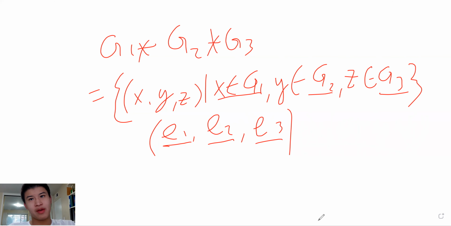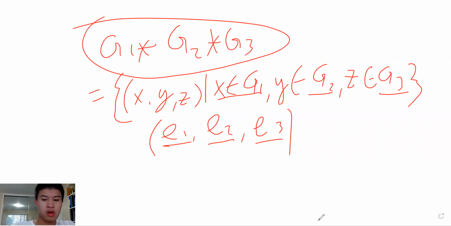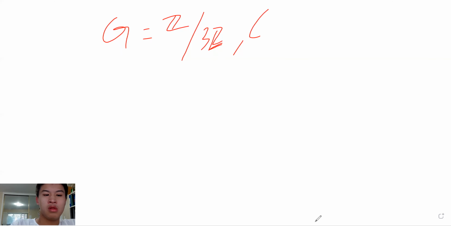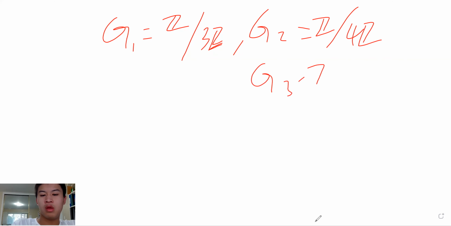And one can take the direct product of any number of groups, even an infinite number of groups. But that's kind of a bit difficult to think about. Let me do an example with the direct product of 3 groups. So let's let G1 be equal to the integers mod 3, G2 will be the integers mod 4, and G3 will be the integers mod 5.